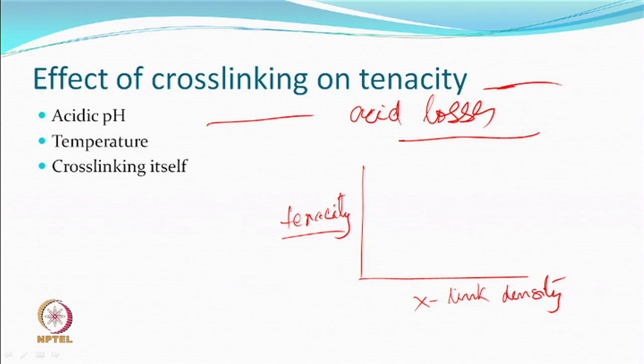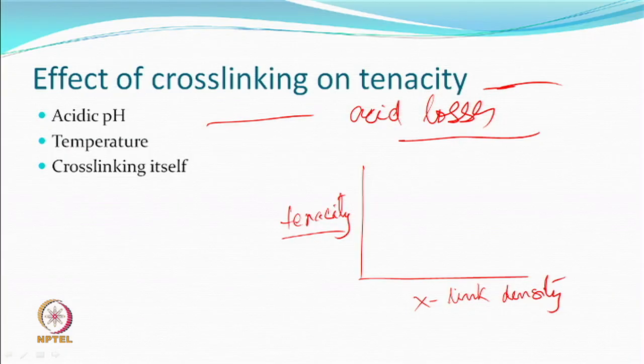So, this is just by cross-linking, even if there is no acid loss, and no loss due to high temperature, just by cross-linking you can get something like this, particularly in cotton you observe this.